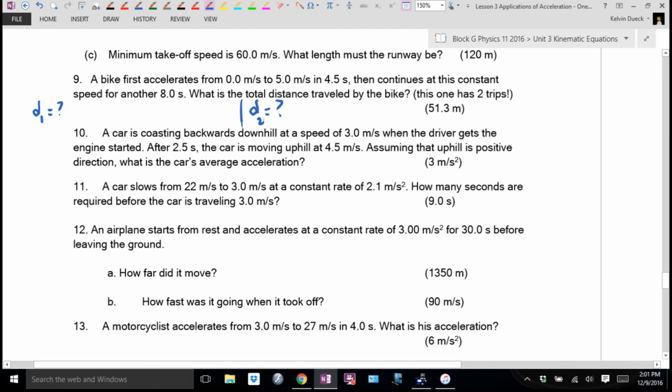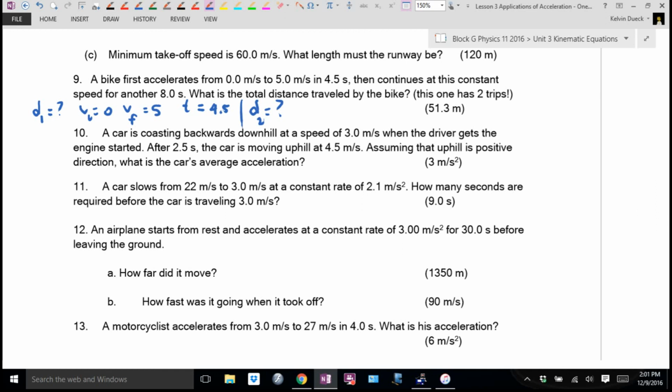And it looks like for the first trip, VI is 0, VF is 5, T is 4.5. I think I can use the middle child equation, the D equals 0.5 bracket VI plus VF close bracket times T, and I can find that distance. You okay with that, Spence?